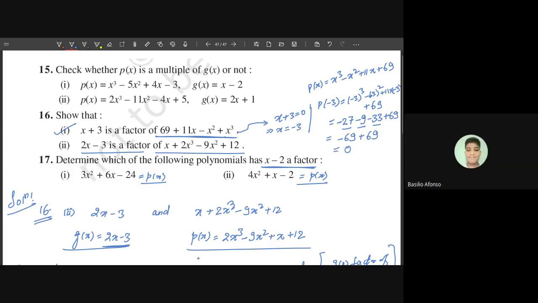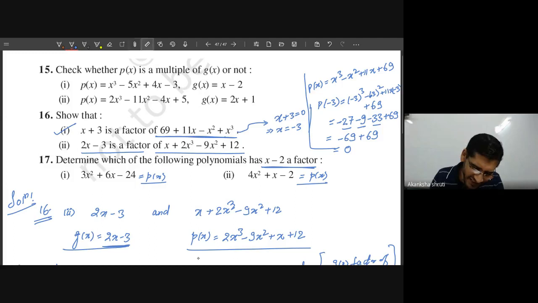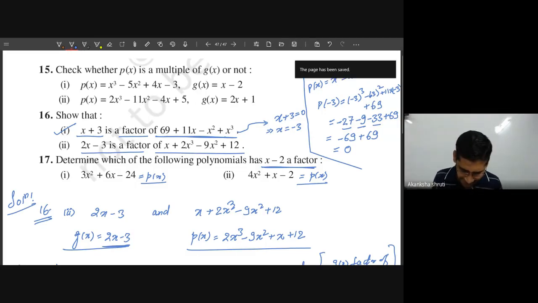So this way you will get that this x equals to -3 is a 0 of polynomial, and the polynomial x plus 3 is a factor. Okay, so this is how you can tell the zeros and you can tell the factors. Okay students, so question are very simple.